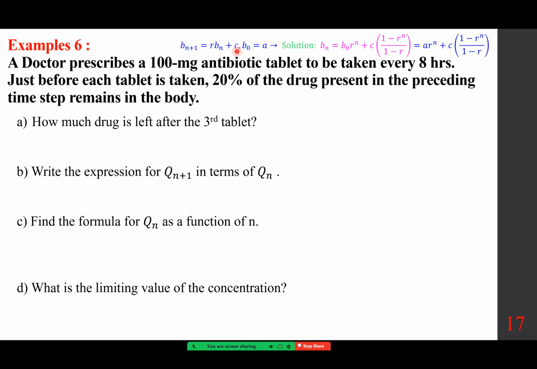That's 100 milligram of antibiotics. So what is this? This is the time step every 8 hours. Every 8 hours, everybody. That's the time step.